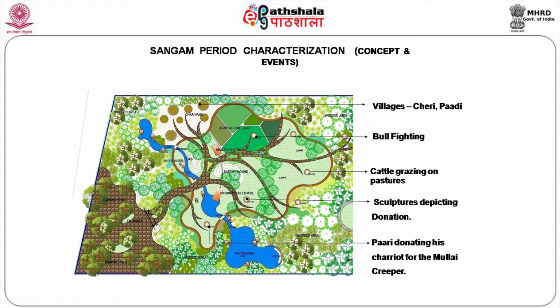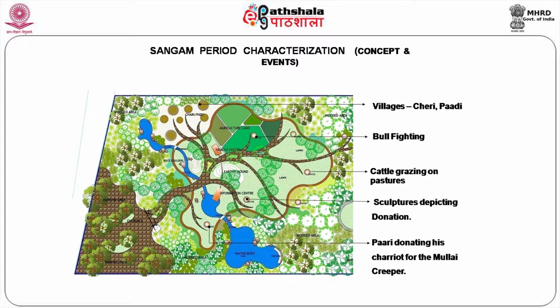Then we again come to our period concepts. What happened in those days, their lifestyle, how it was, how you are going to create them in the present day context, for people to understand what it was. So you have to really go back 2000 years, then create the kind of activity they lived in those periods.